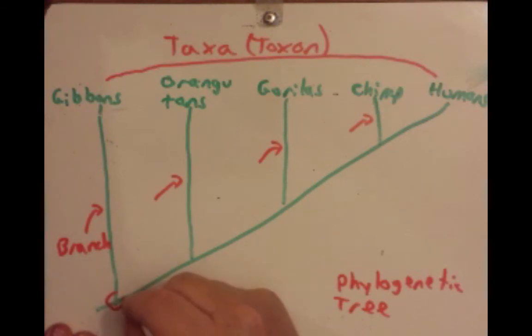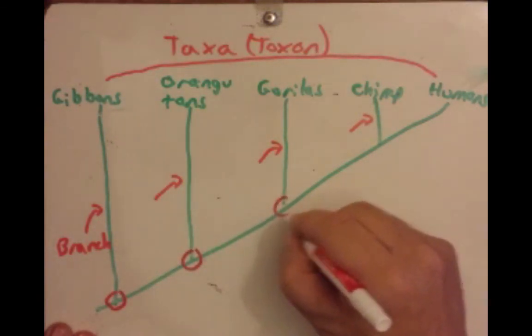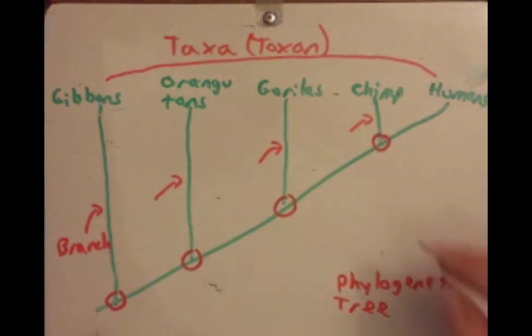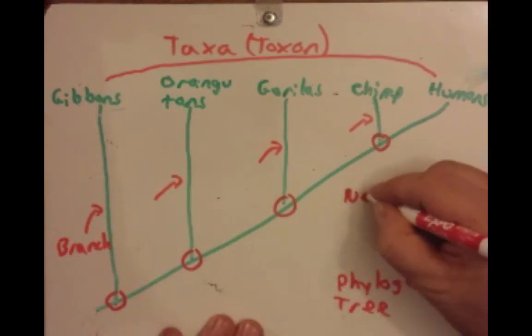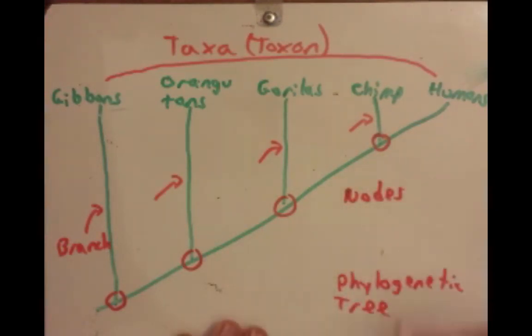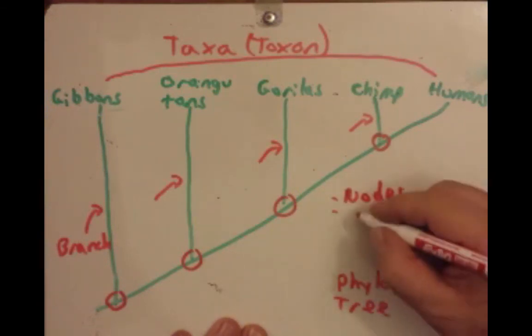Next, at these branch points, here, here, and here, these are what we call nodes. Nodes represent common ancestors.